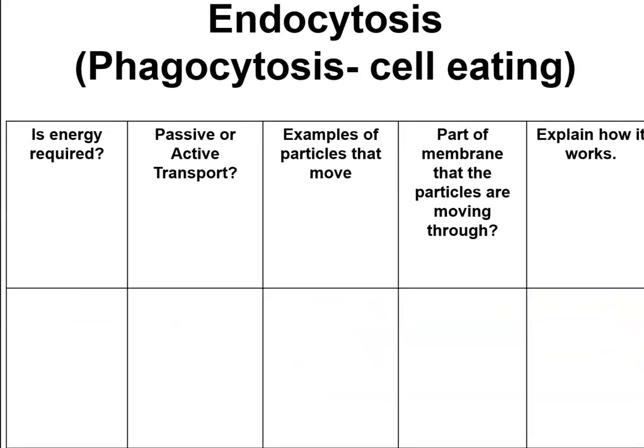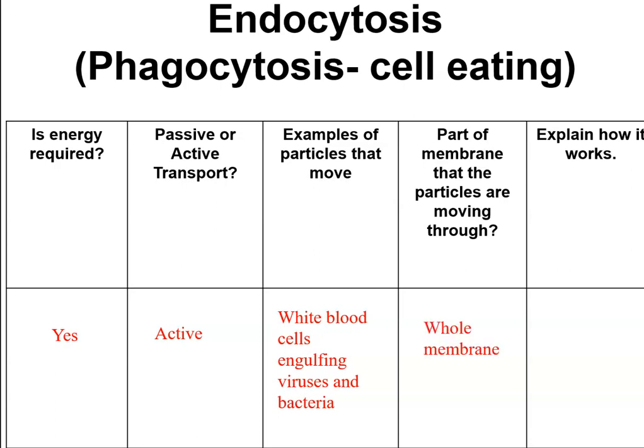Then phago, very similar. Yes, it does require energy. Yes, it is active transport. An example would be your white blood cells engulfing a bacteria or a virus, basically gobbling it up. Whole membrane still involved, and the plasma membrane or cell membrane is going to surround it.